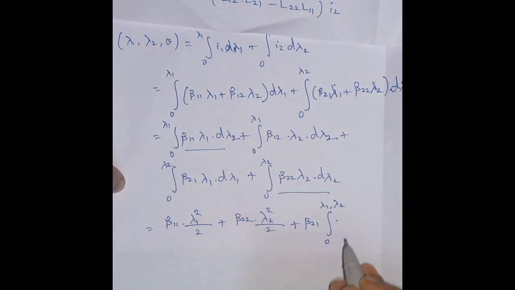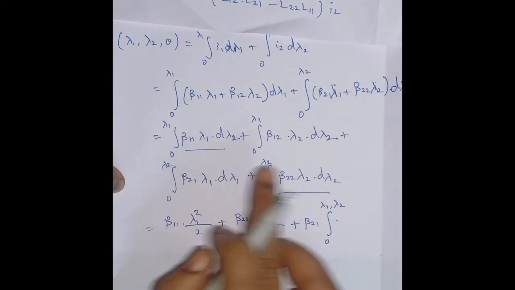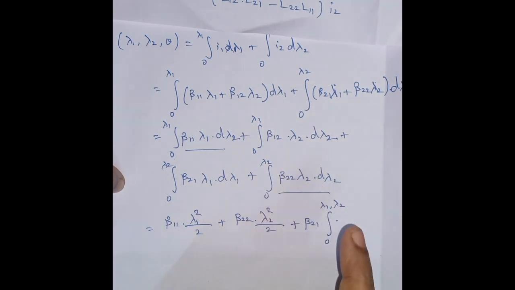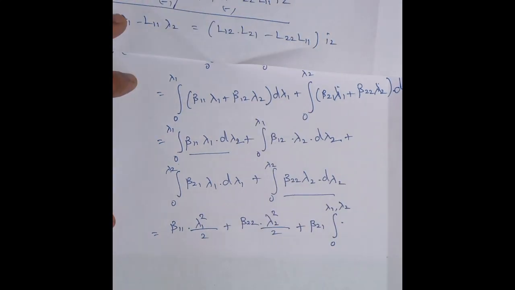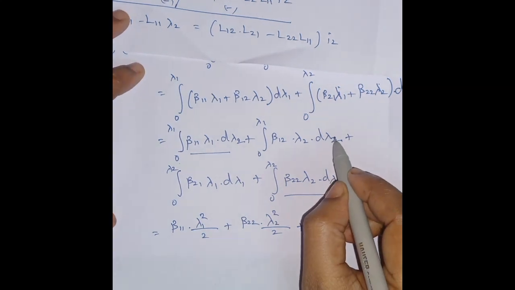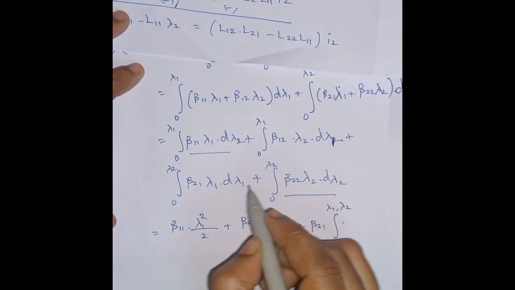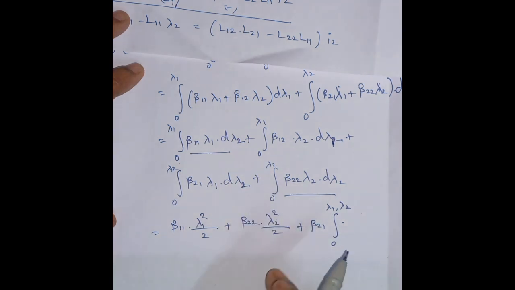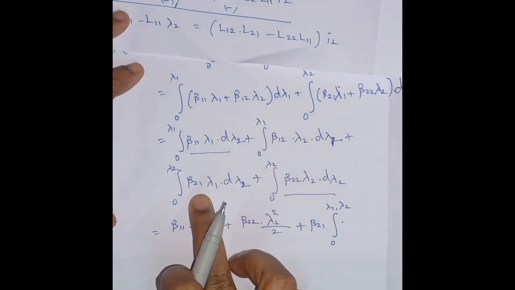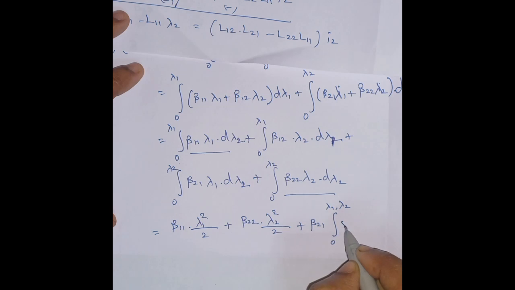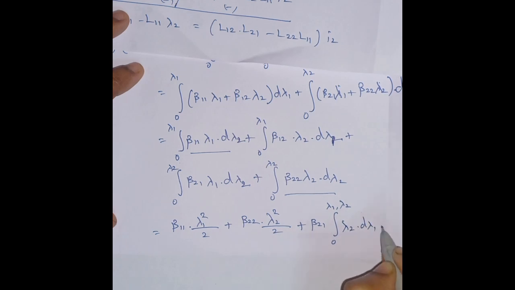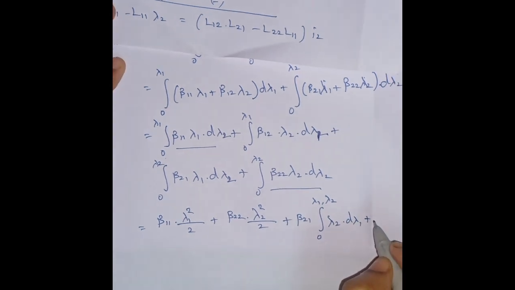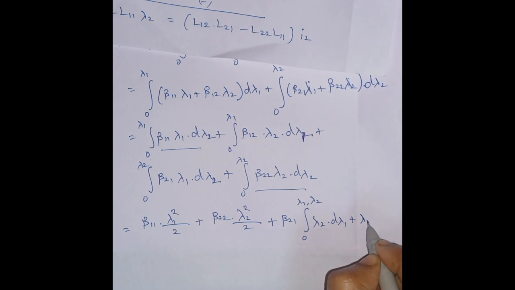So the first term is d lambda 1, correct? This is d lambda 1 and this is d lambda 2. So if you take beta 1 and beta 2 common, we'll get lambda 2 d lambda 1 plus lambda 1 d lambda 2.